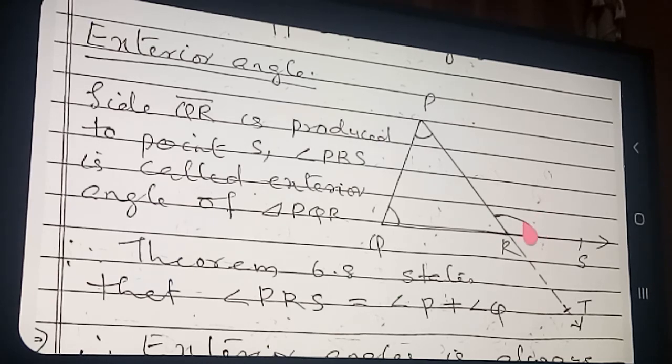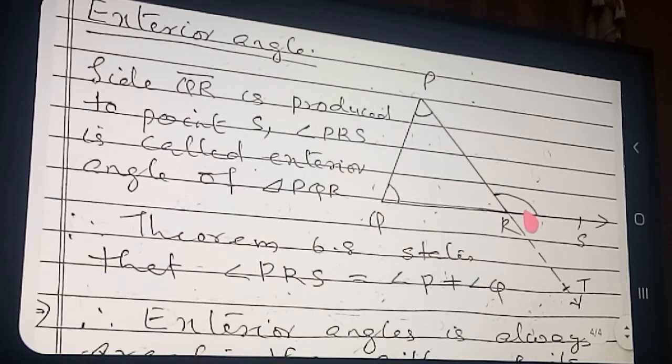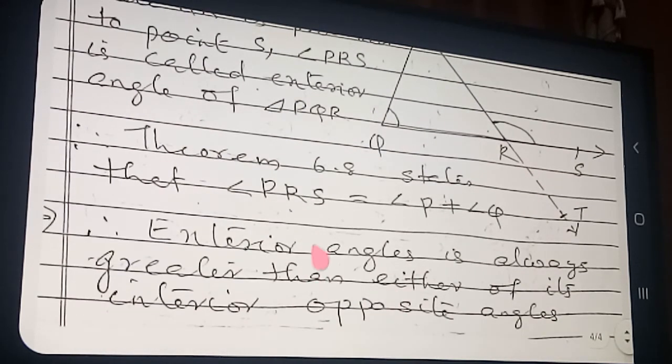Therefore, the measure of the exterior angle is always greater than either of its interior opposite angles. That means angle PRS is always greater than angle P, and angle PRS is always greater than angle Q also. Once more, see the statement: the measure of the exterior angle is always greater than either of its interior opposite angles. Okay, students?